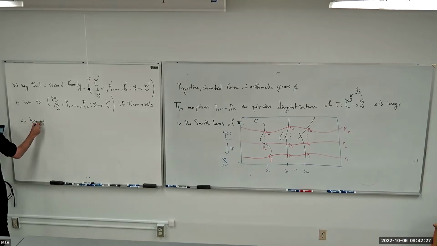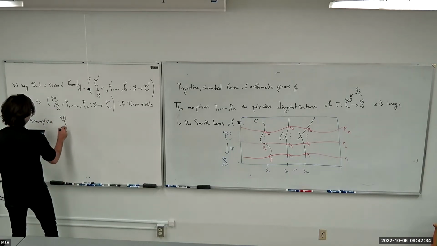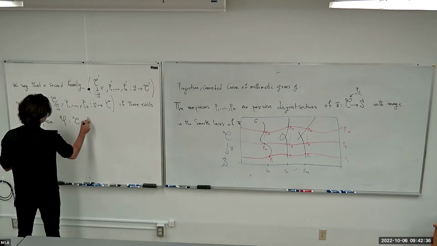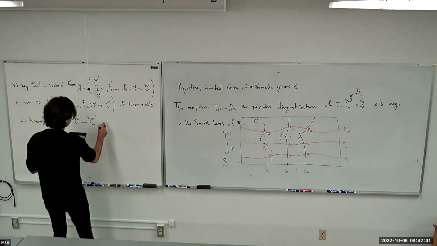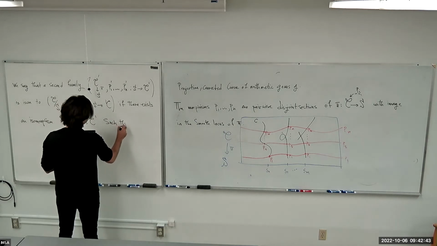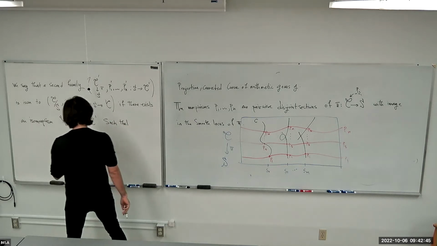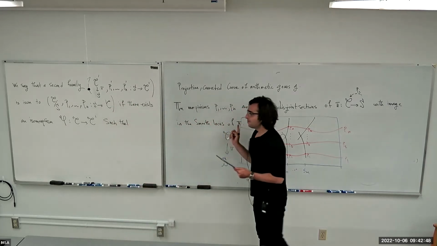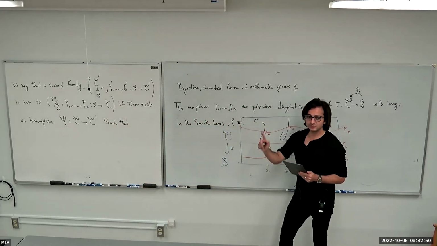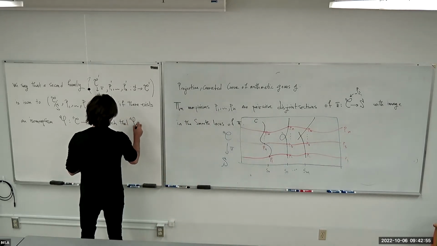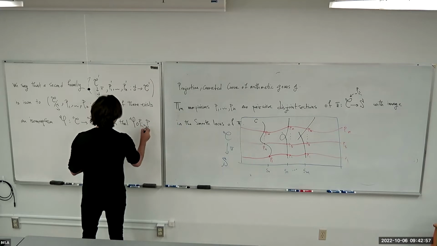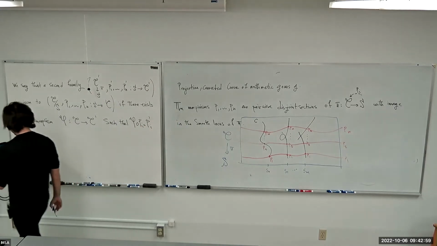Now everything is scheme theoretic, so these isomorphisms are morphisms between the schemes. So if there is an isomorphism of the schemes from the total space of one family to the other, such that this isomorphism maps the points, the markings, to each other compatibly. So such that phi composed with P_i is P prime i.